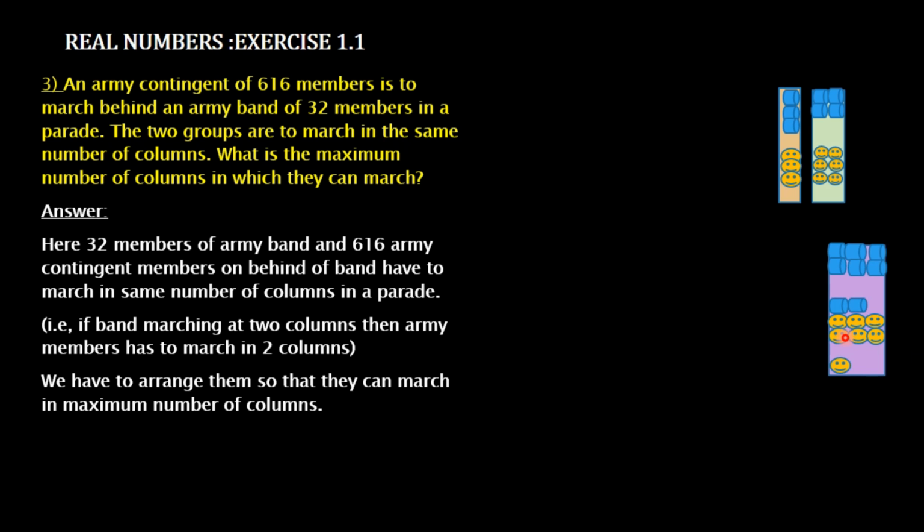So how we can find the maximum number of columns in which they can march is that, for example, we can consider we have 6 chocolates with us. You have to divide among members, but the arrangement must be in equal number. Then with how many members can you divide your chocolate?